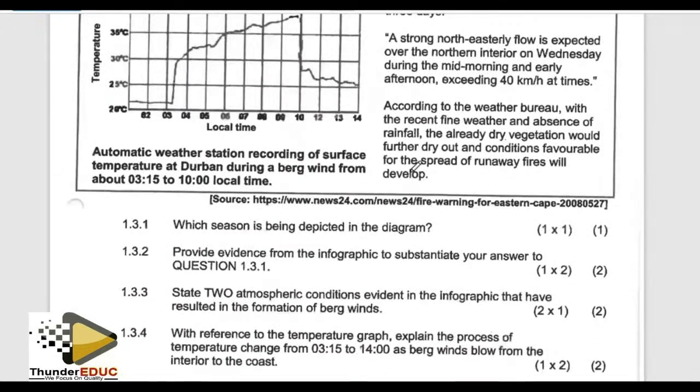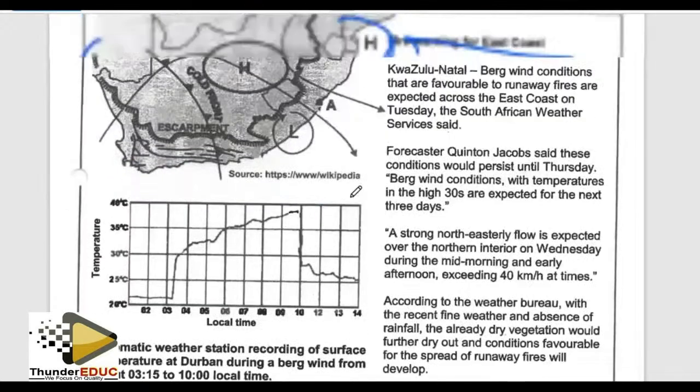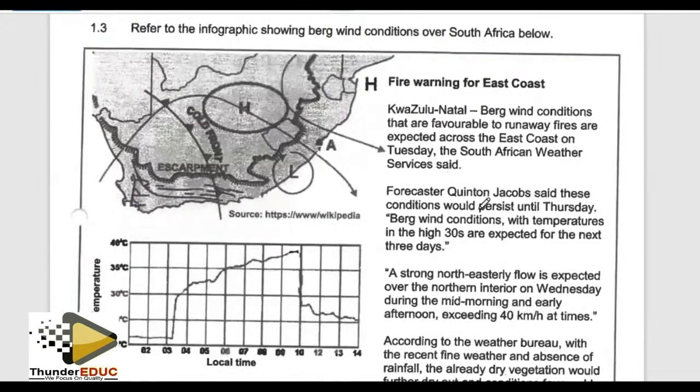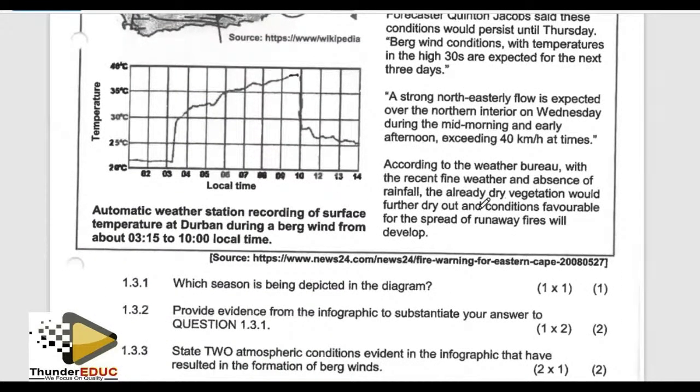All right. Let us look at the first question. They say, which season is being depicted in the diagram? Let's go back to our diagram. So this is going to be winter season. We shall see, since they are already asking us to give evidence.